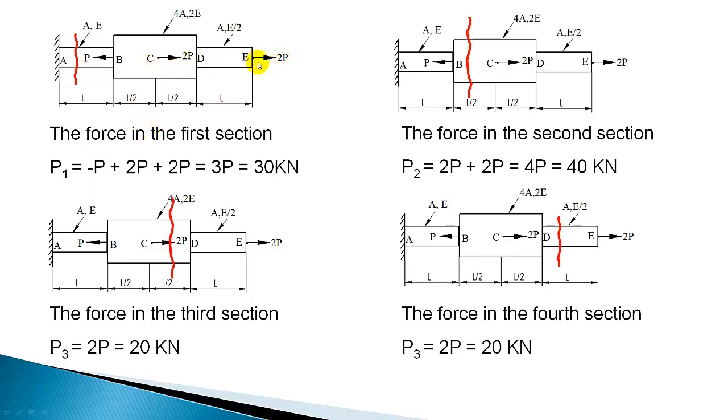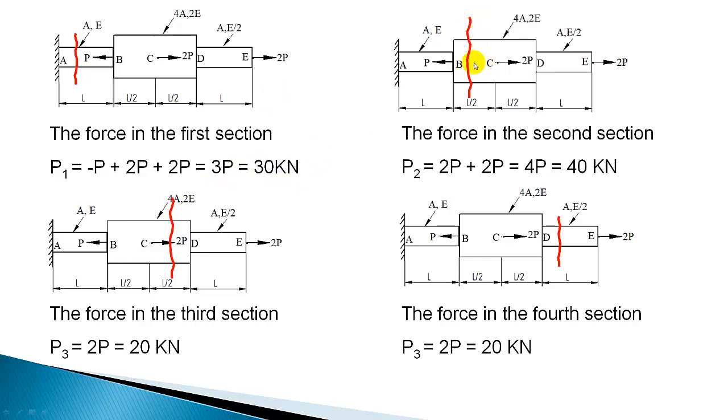These two forces are acting rightward, so plus, and this is acting leftward, so minus. Summing up, you will get 3P, and we are given that P is 10 kilonewton, so 3P is 30 kilonewton.